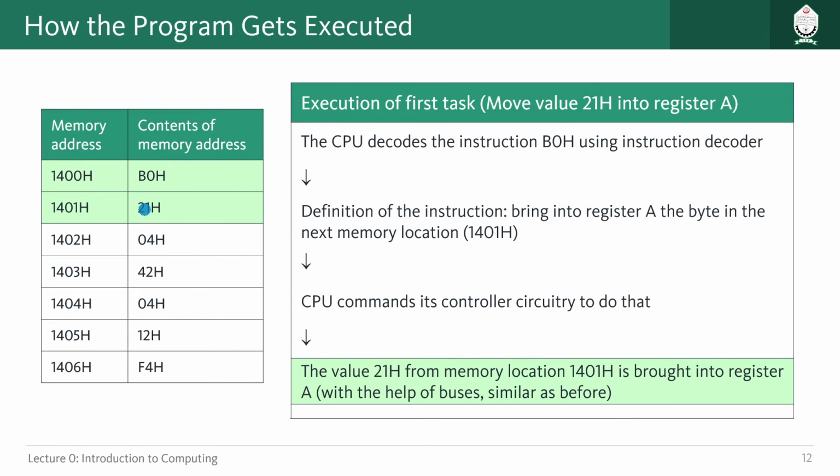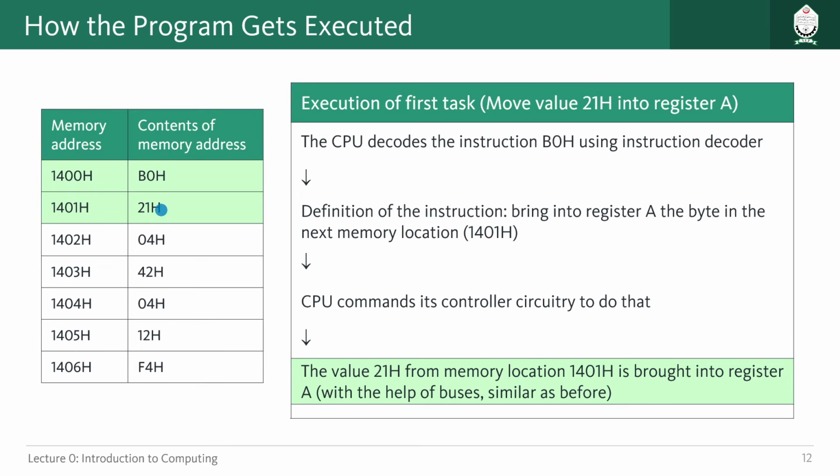I am not showing everything here, but first the address bus should send the proper address, 1401H, to the ROM, and then the read signal has to be activated through the control bus by the CPU. Finally, the data we have in this location, 21H, goes through the data bus to the CPU, and the CPU will store that data in register A.